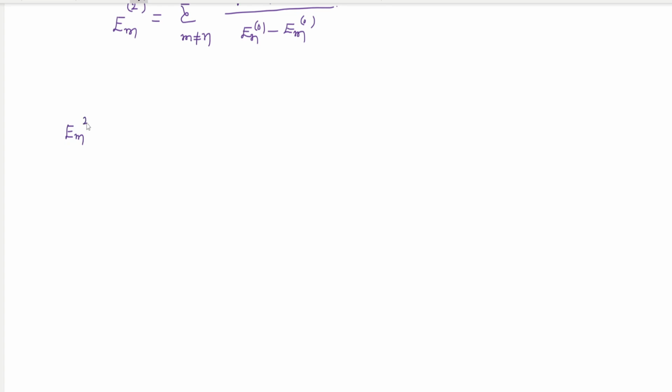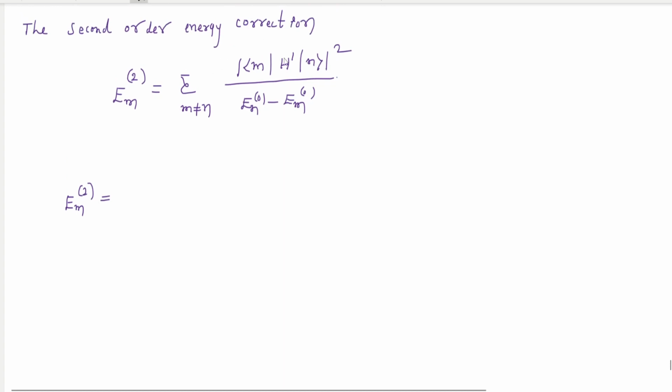E_m power 2 equals, if I use the Hamiltonian term here, this is the Hamiltonian mu e cos phi, right? The square, mu square e prime squared, actually.